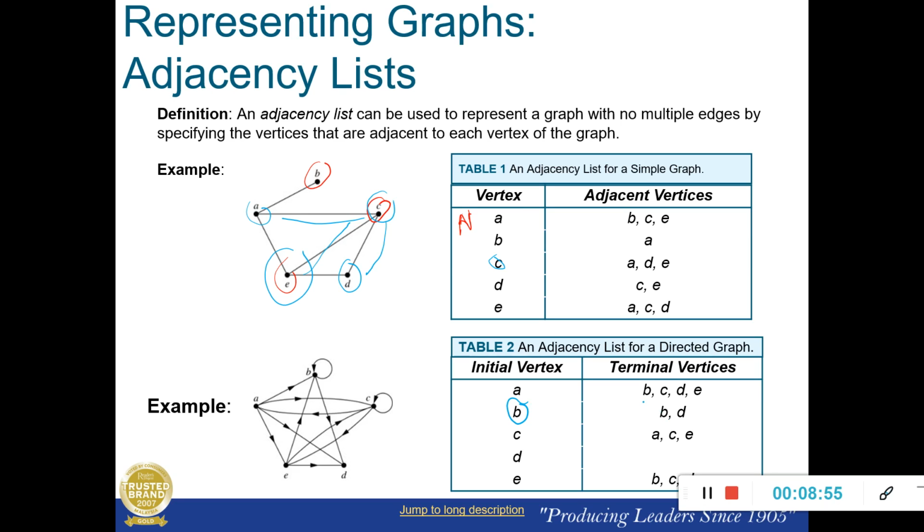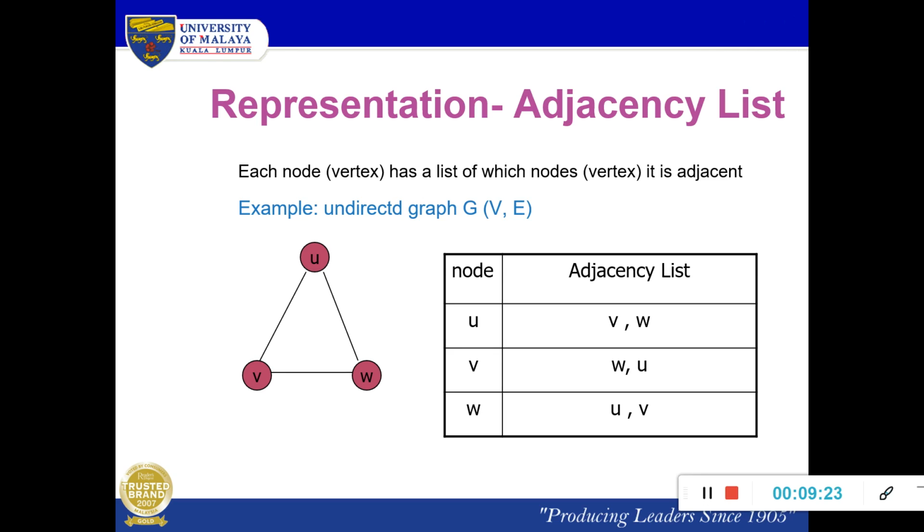You have B and D, because it terminates at D and at B. It's not A or E because A and E terminate at B. So the adjacency list for B is only B and D, not A or E, due to the termination point. So this is the adjacency list. Again, this is pretty straightforward for directed graphs. For U, you have V and W; for V, W; and for W, you have U, V.